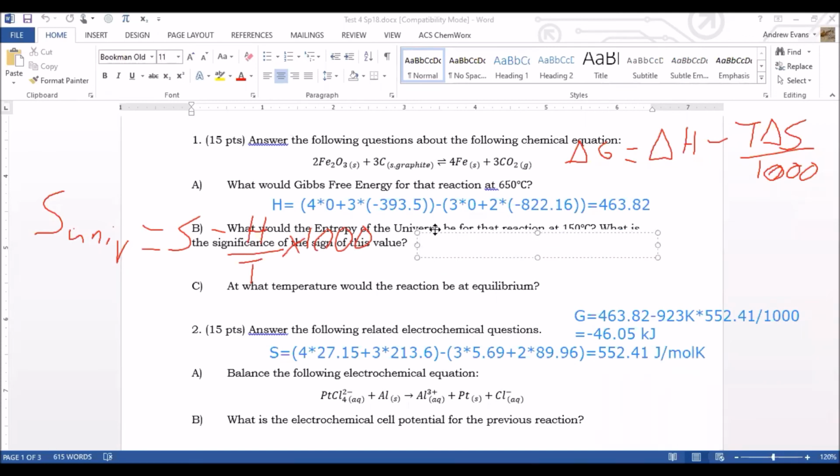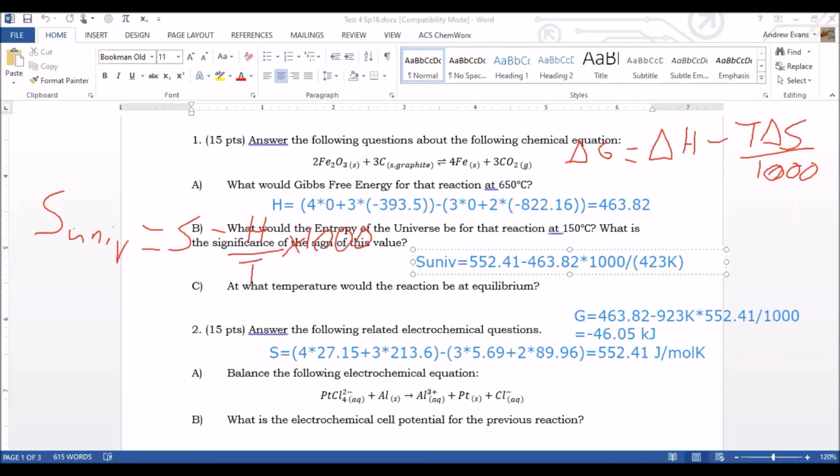We have our H, we have our S, so S universe equals 552.41 minus 463.82 times 1,000, all divided by the temperature in Kelvin. Well, 150 degrees, add 273, puts it at 423 Kelvin.